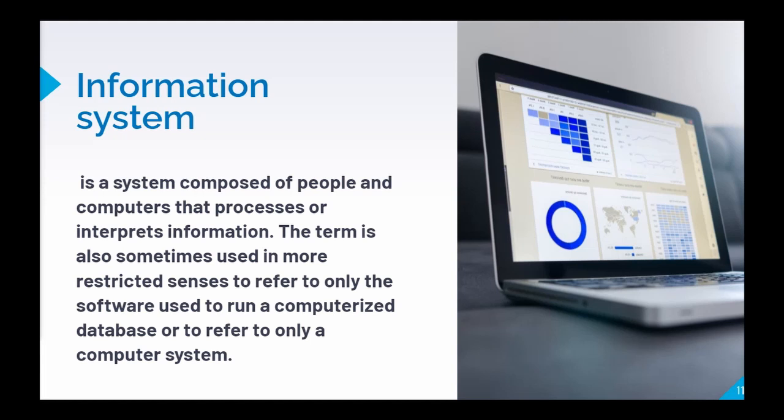Okay, so yes, those are examples of big companies that are using information systems. But actually, right now or today, most companies are already invested in this. Okay, it's hard for a company to exist without such systems.